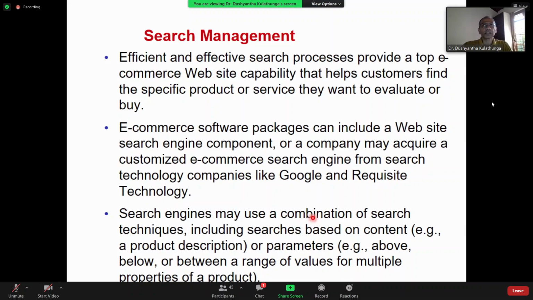Now, when you go to a particular website, suppose you go to an electronic store like maybe Abans.com or SingerSriLanka.com or mysoftlogic.com or LK, I'm not sure. Whatever it is, even on a Sri Lankan website, you may get different searching options. You may search based on the product description, or based on brands, and you may specify a particular word in relation to the product and search, and you may select a particular brand.